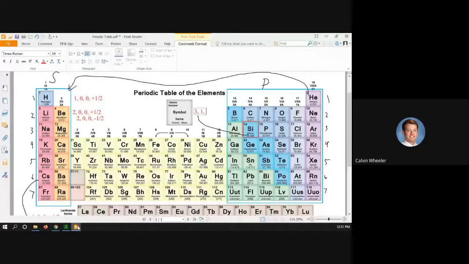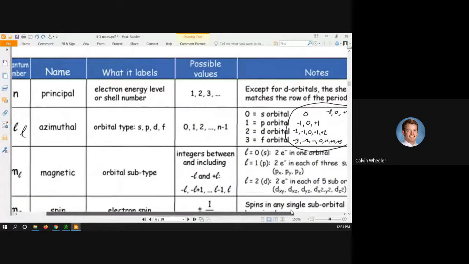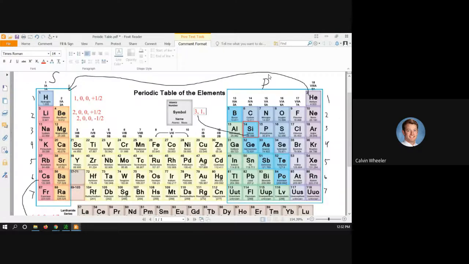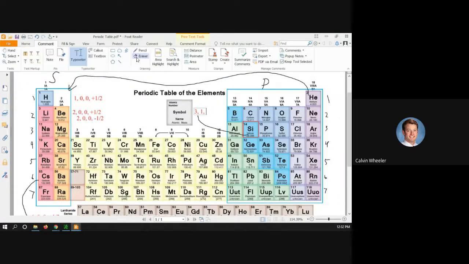Orientation: orientation can be -1, 0, or +1, depending on whether it's centered on the X, Y, or Z axis. These are all -1. These are all 0. These are all +1. All of those have a positive 1/2 spin.